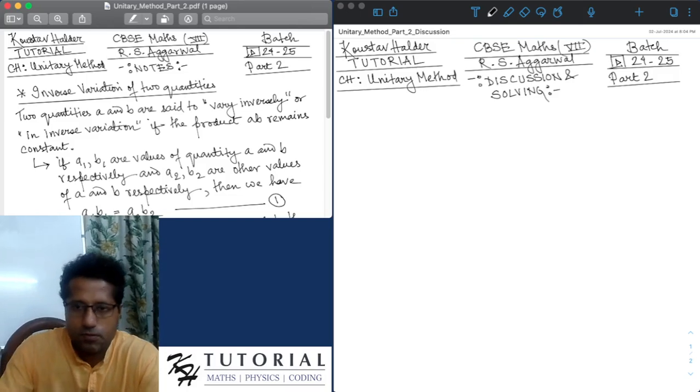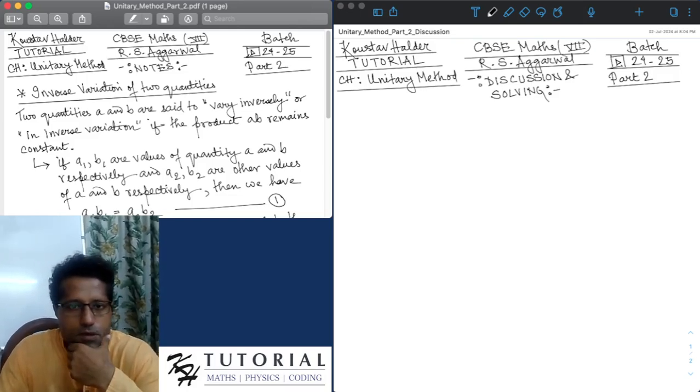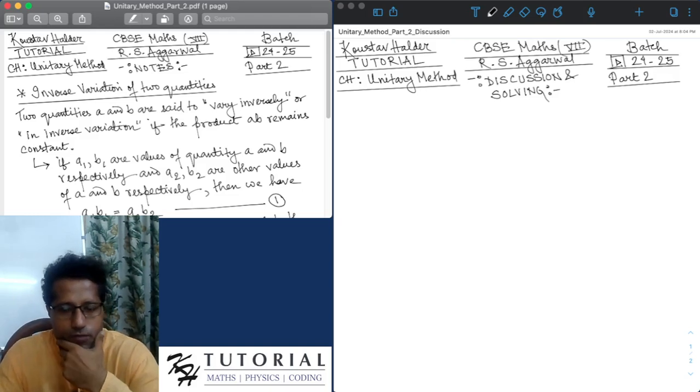Now, if the quantities A and B vary inversely, then their product always remains constant.